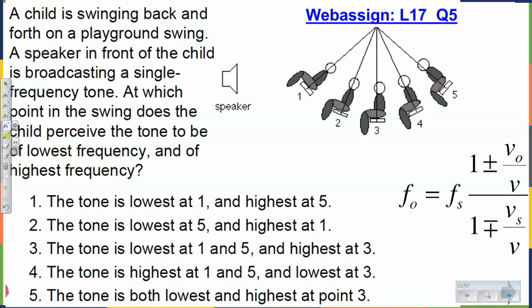So you move back and forth listening to music. And if you move fast enough, you can actually hear the change in the pitch. So the question is, at which location would you experience the largest change?